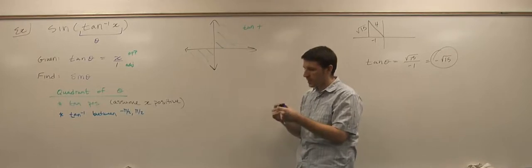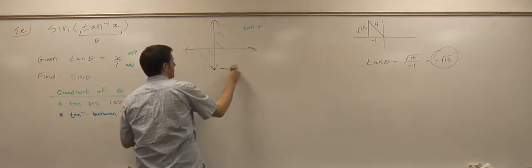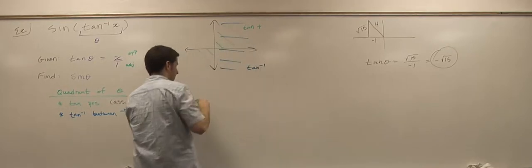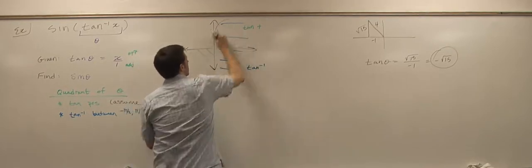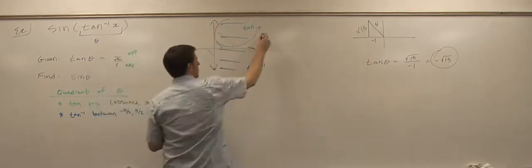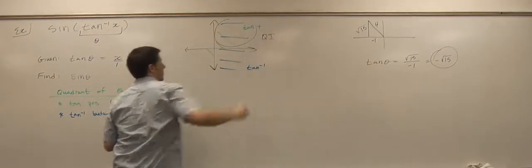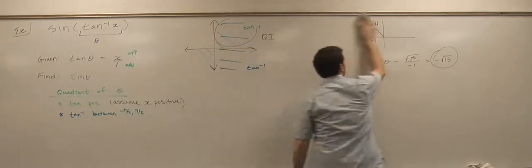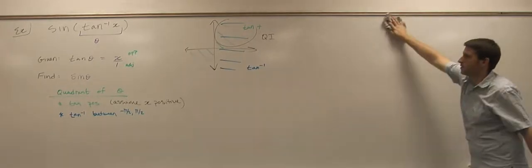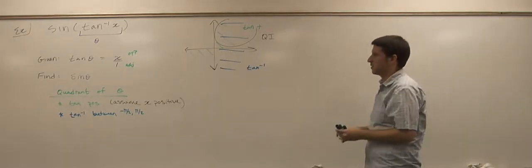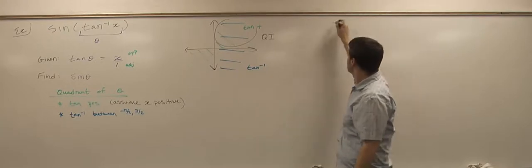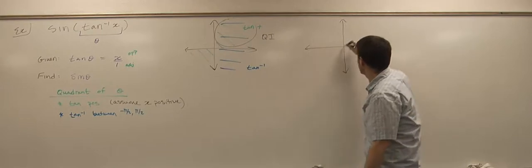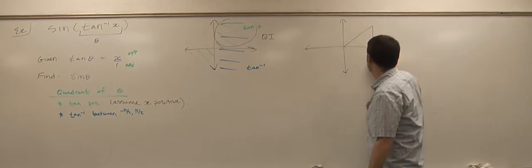And the fact that I'm between negative pi over 2 and pi over 2 puts me in 1 or 4. So I end up again drawing my triangle in quadrant 1.